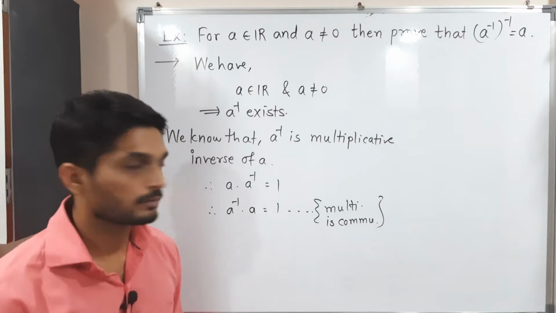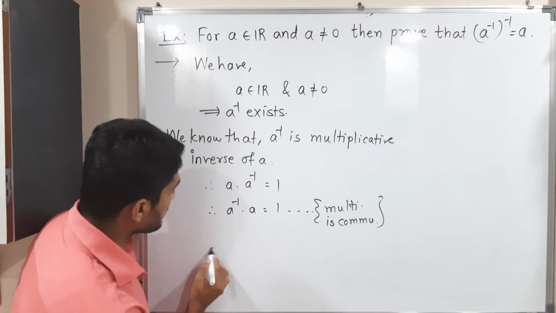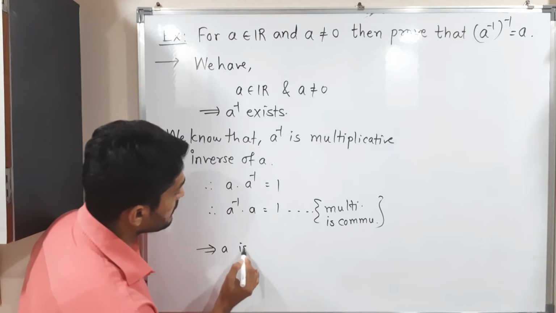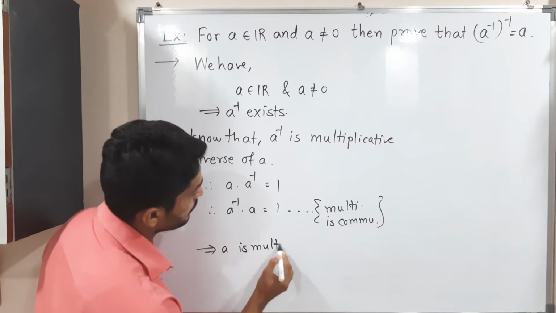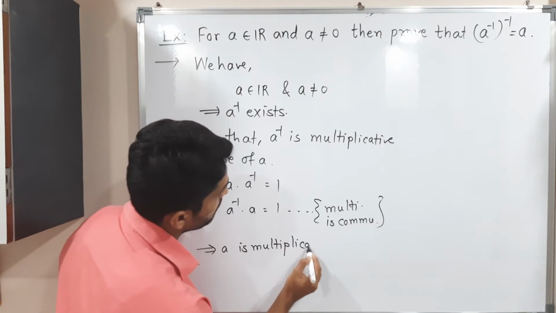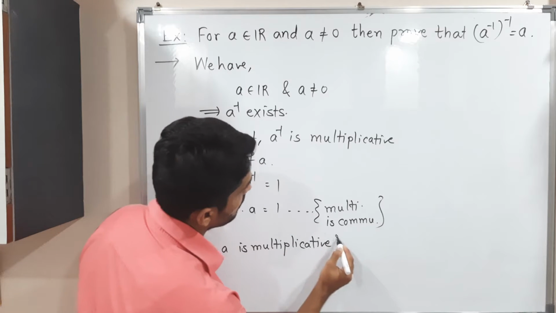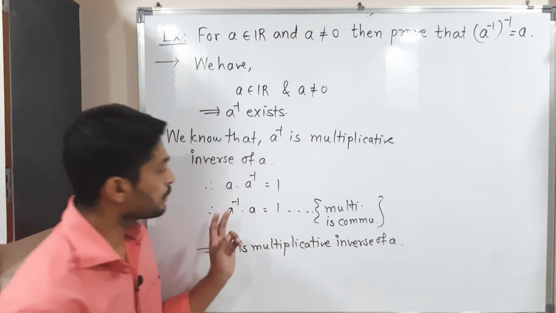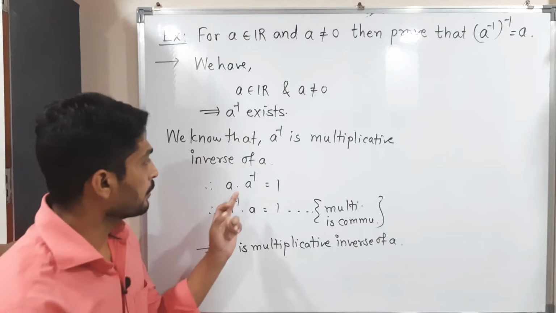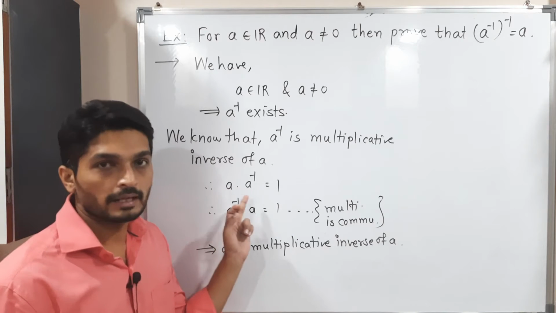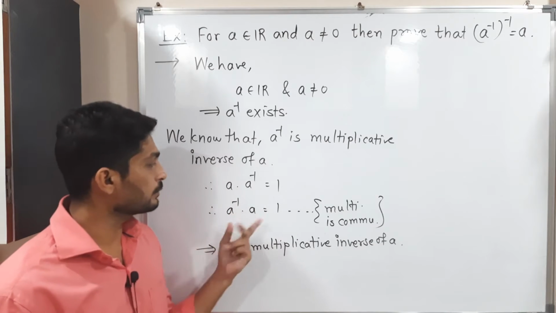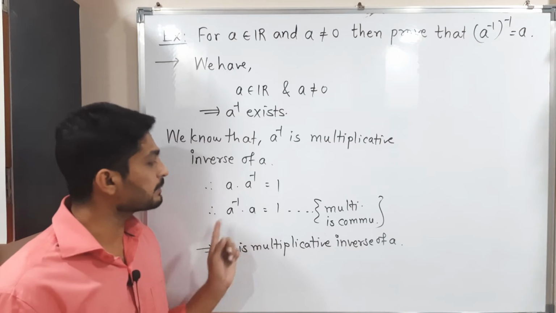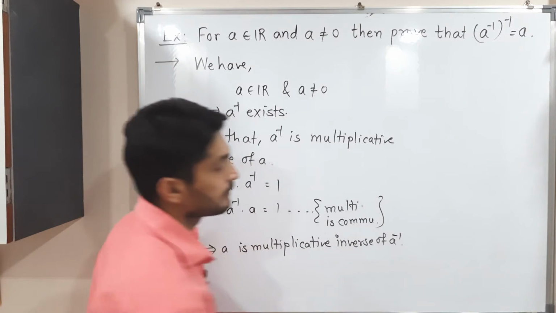This implies a is the multiplicative inverse of a inverse. Since we have changed their positions, a inverse is the multiplicative inverse of a, but now the positions are changed, so therefore a is the multiplicative inverse of a inverse.